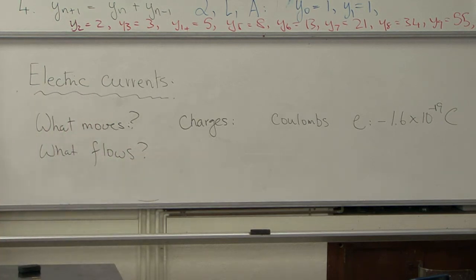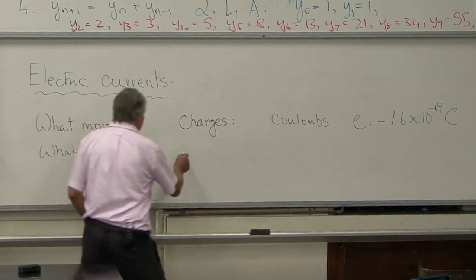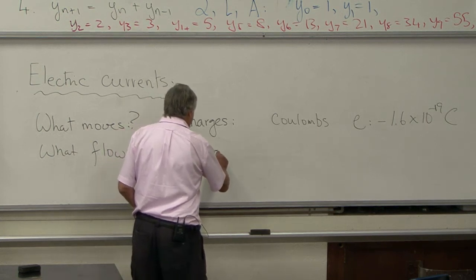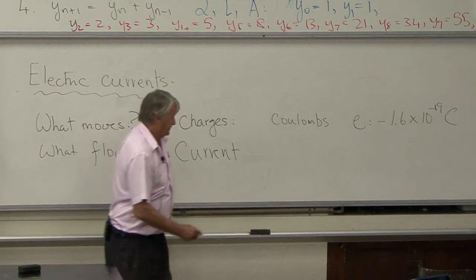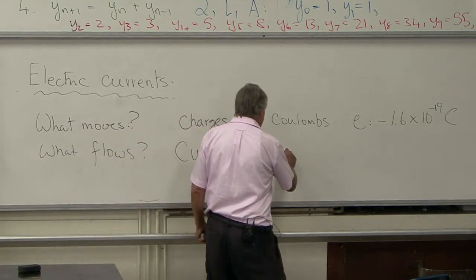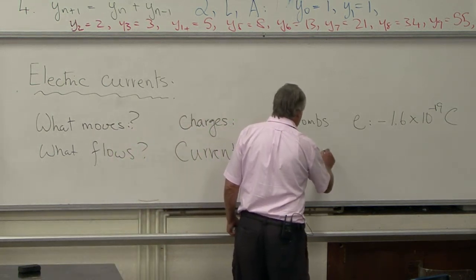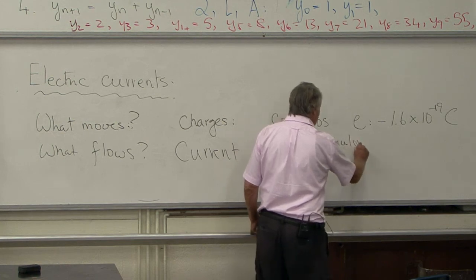What do we call the flow? Current. How do we measure current? Amps. Yeah. Amps. And amps are coulombs per second.